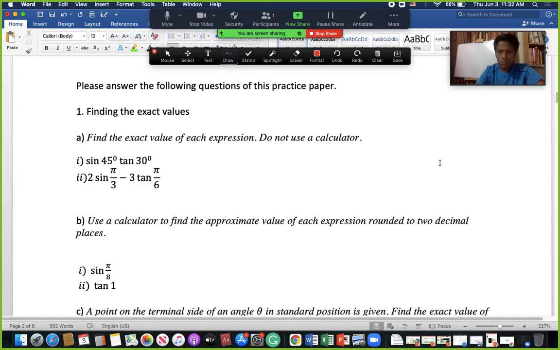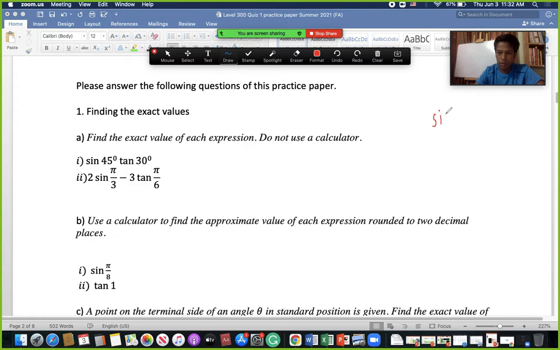Let me show you what exact value means. Sine 60 degrees is 0.86602 and so on, but the actual exact value of sine 60 degrees is root 3 divided by 2.